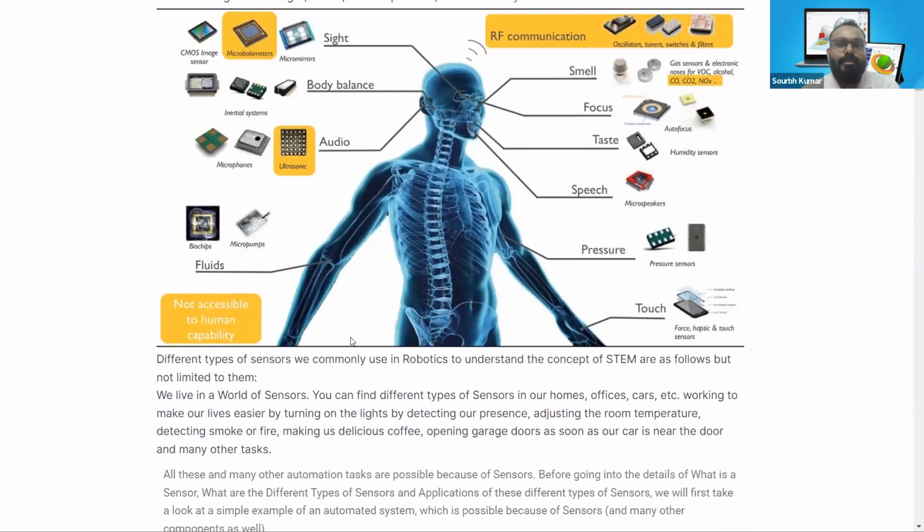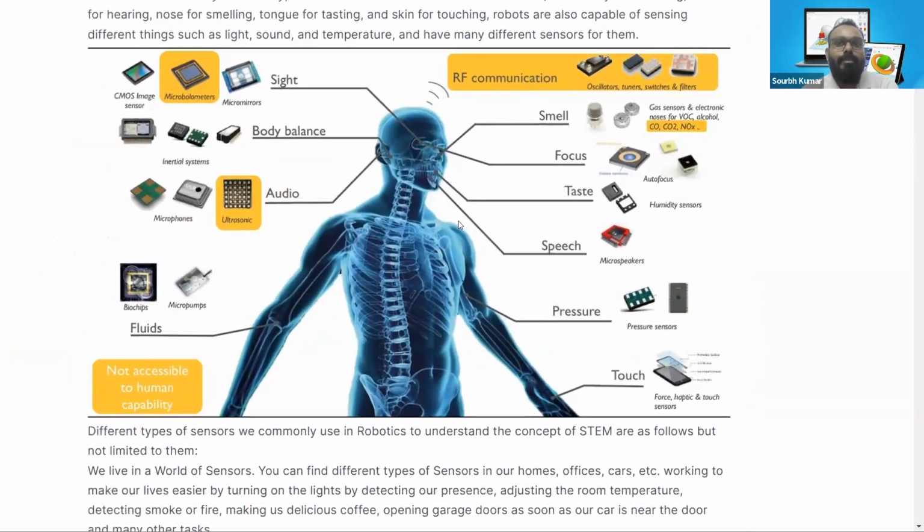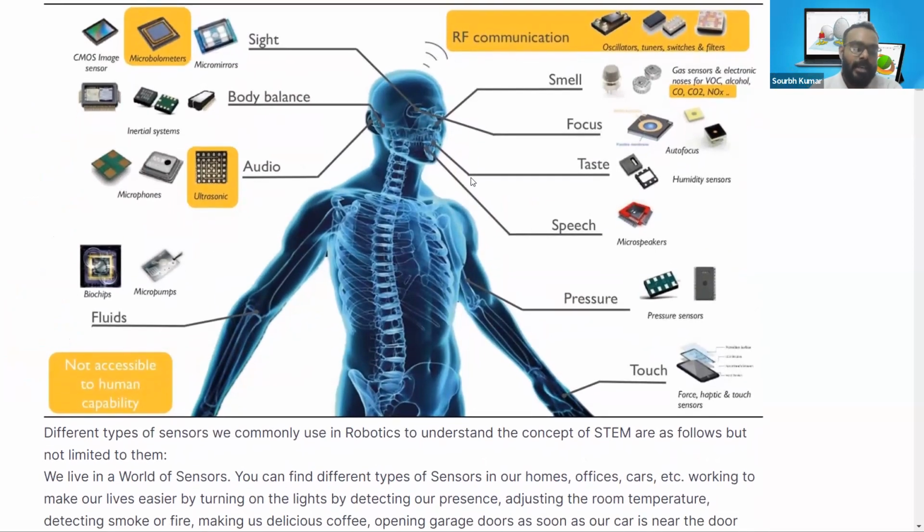Let me give you some similarities between the different things we have in our body compared to robotics, because we always try to build devices which are similar to our body, so that we can correlate everything with the robotic system itself. So we have sight, the eyes, for visual perception of our environment.